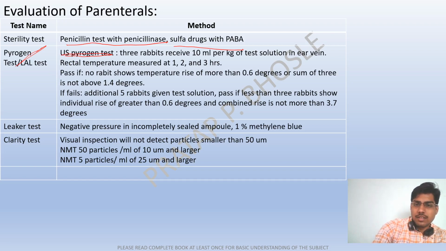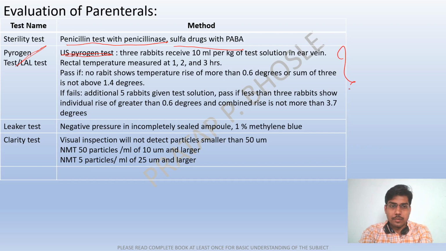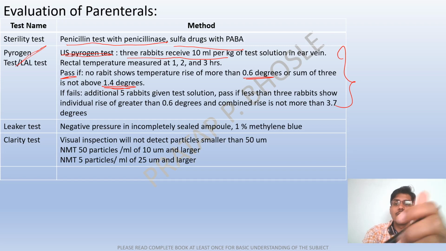And actually you should know this entire process of testing of these parenterals, right? First में क्या करते हैं, 3 rabbits receive 10 ml per kg. और पास कब होते हैं वो? No rabbit shows a temperature rise of 0.6 degree Celsius or the sum of 3 is not more than 1.4 degree Celsius. अगर इसके कोई भी एक फैक्टर नहीं मैच होता तो 5 additional rabbits are given the test solution. पास कब होते हैं?